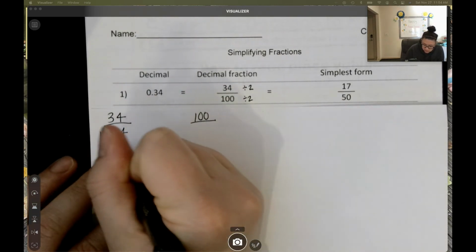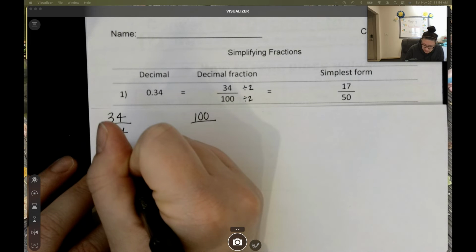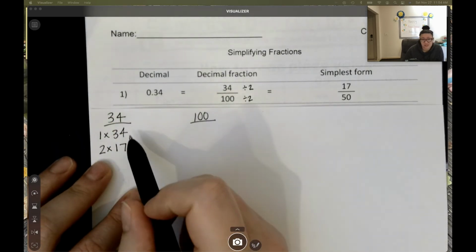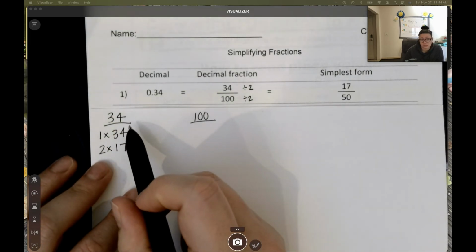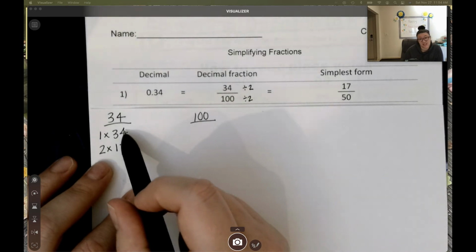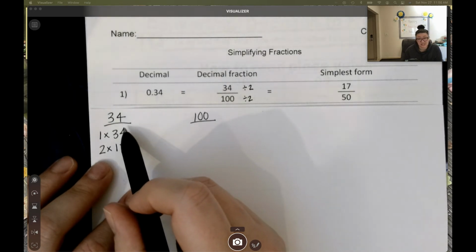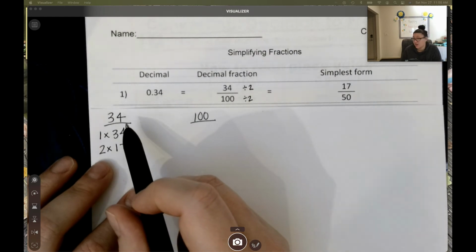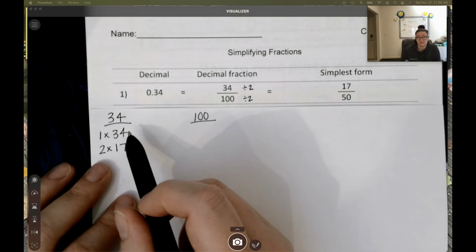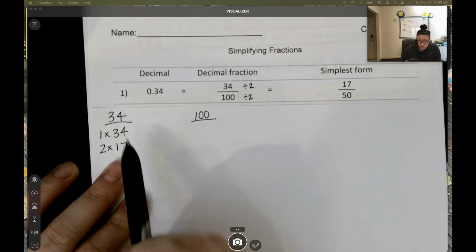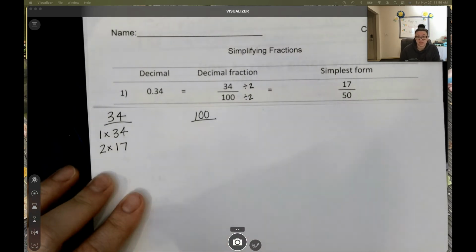I can do 2 times 17. 3 doesn't go into 34. Neither does 4, 5, 6, 7, 8, 9, 10, 11, 12, 13, 14, 15, or 16, and then I write 17. So those are the only numbers I can multiply together to get 34.